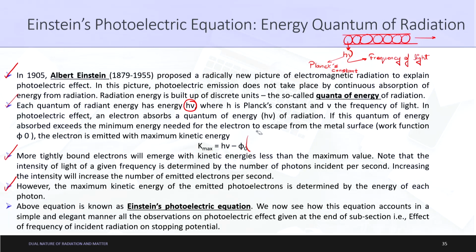Okay. We can now see how this equation accounts in a simple and elegant manner for all the observations on the photoelectric effect given at the end of the subsection, that is, the effect of frequency of incident radiation on stopping potential. So basically the concepts conceptualized in the experimental study analysis are being explained here. What is the crux of this idea? You should first remember the first idea which Einstein gave: it is not that continuous absorption of energy takes place by the electron.